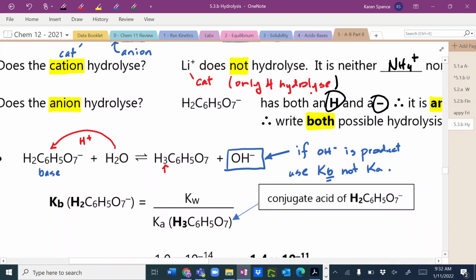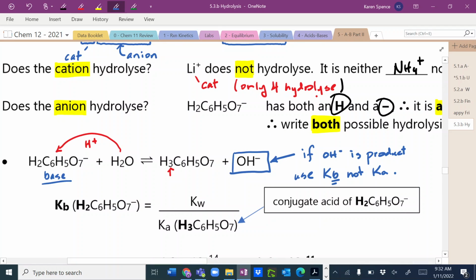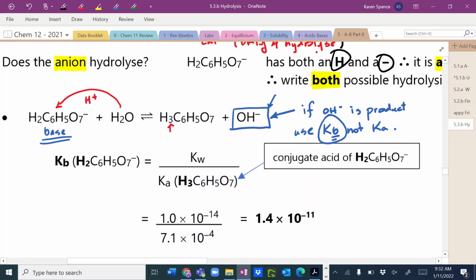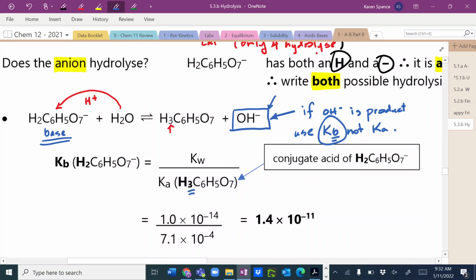But any weak base produces hydroxide, and you're going to use a Kb. So here's our Kb: Kw over Ka of the conjugate acid. You'll notice we've added a hydrogen there. We started with H2, and now we have H3. We picked that value off the table for H3C6H5O7, do our calculation, and get 1.4 times 10 to the negative 11.